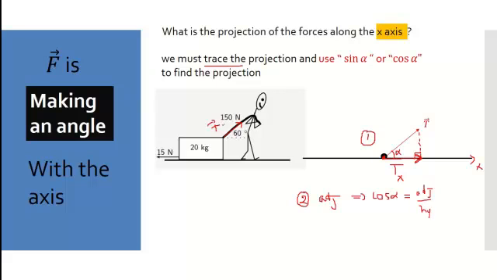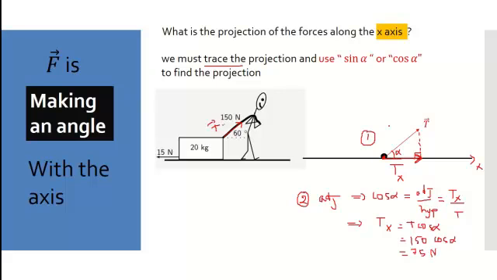This means cosine alpha is equal to Tx over T, and this is how I can find the component Tx, which is the projection of the tension along the x-axis. It will be equal to T cosine alpha. I have the tension 150 Newton, and the angle equals 60 degrees. So the answer will be equal to 75 Newton.